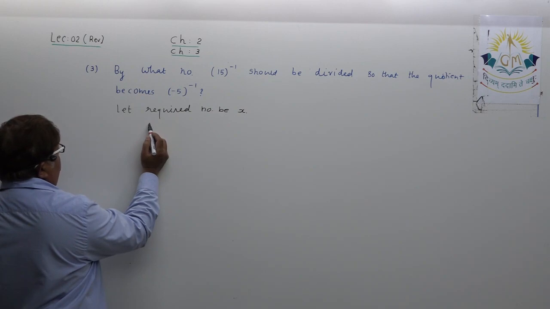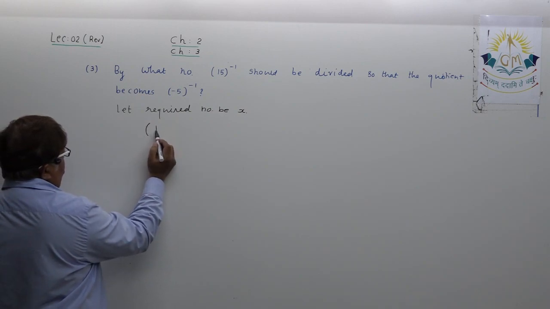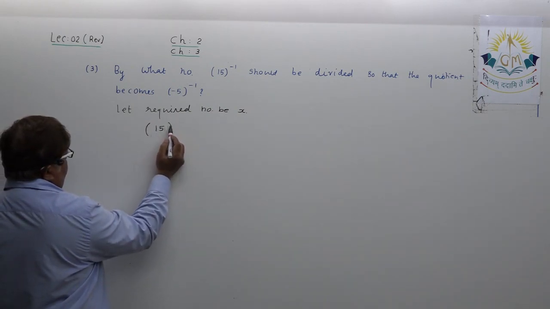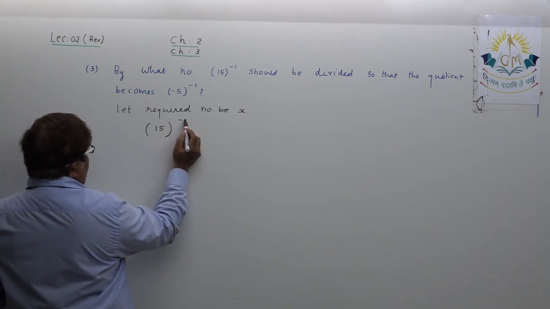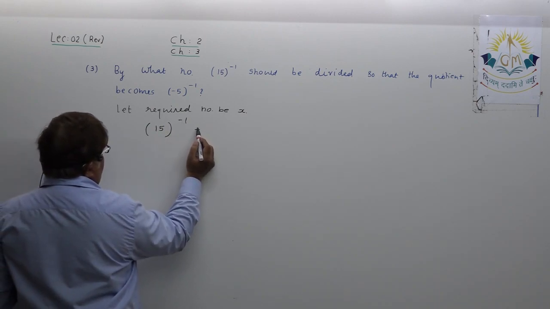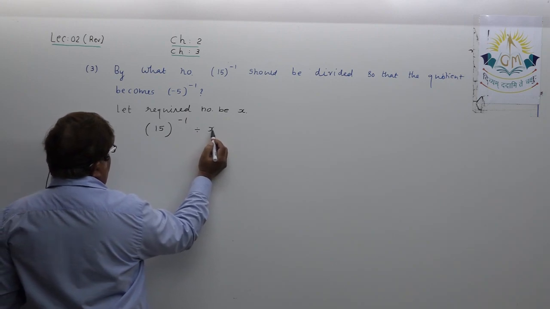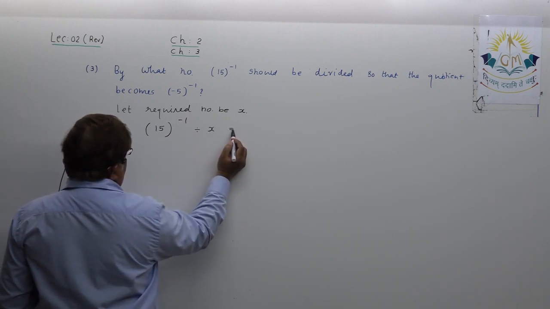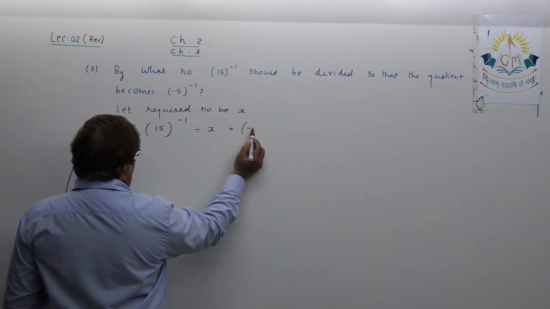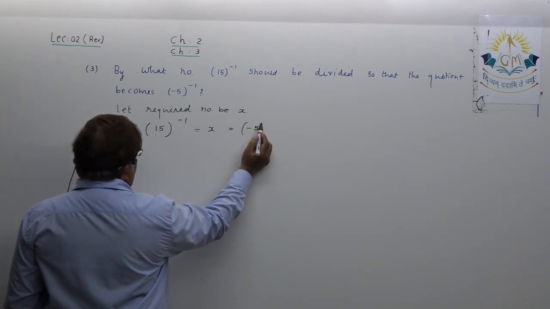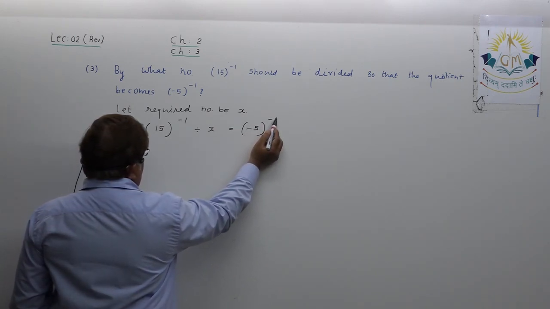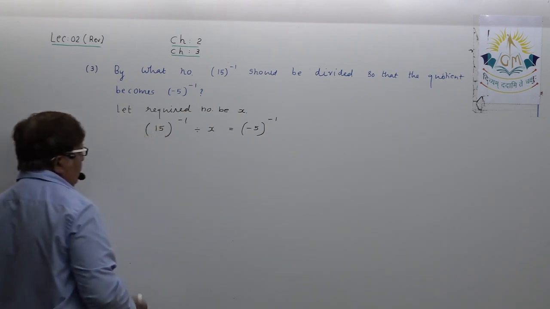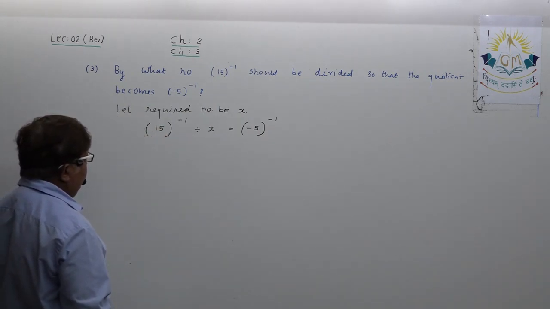So you can write this way: 15 raised to minus 1 divided by x, so that the quotient becomes minus 5 raised to minus 1.